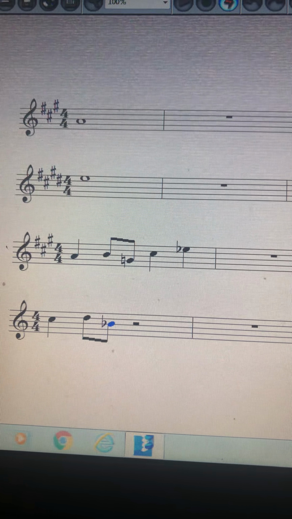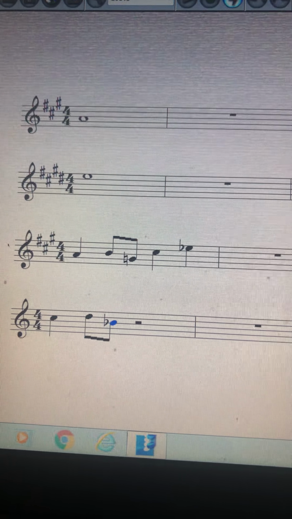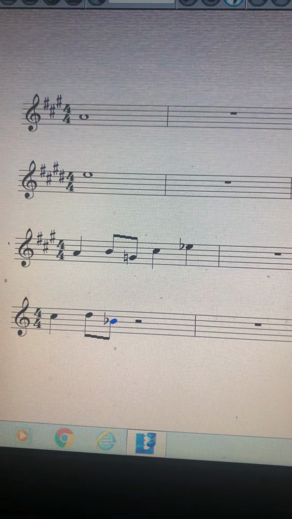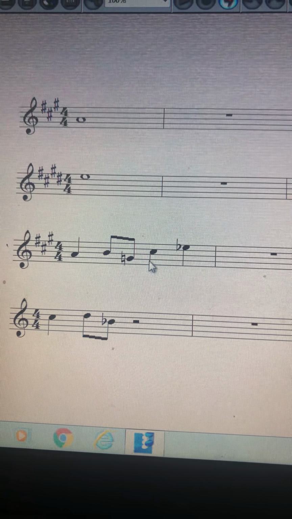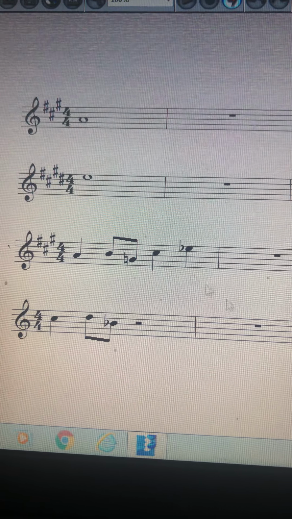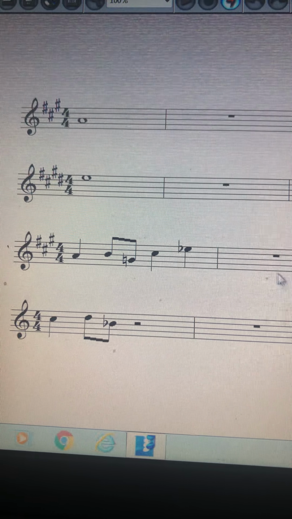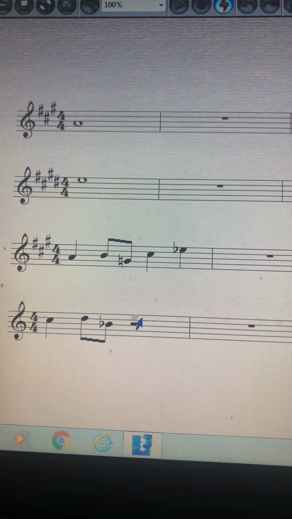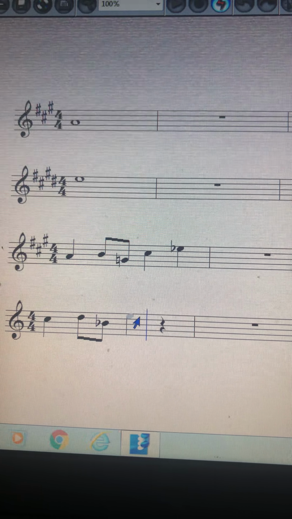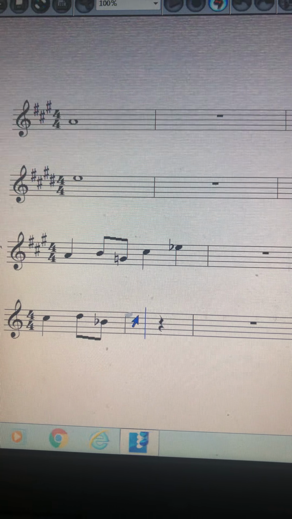So you can't just go and put naturals or sharps. You've still got to ask the question, what is that note? Now again, we have C sharp, because the key signature, remember, is A major. That's when it's important. So now a minor third above a C sharp is plain old E. Then we get E flat.